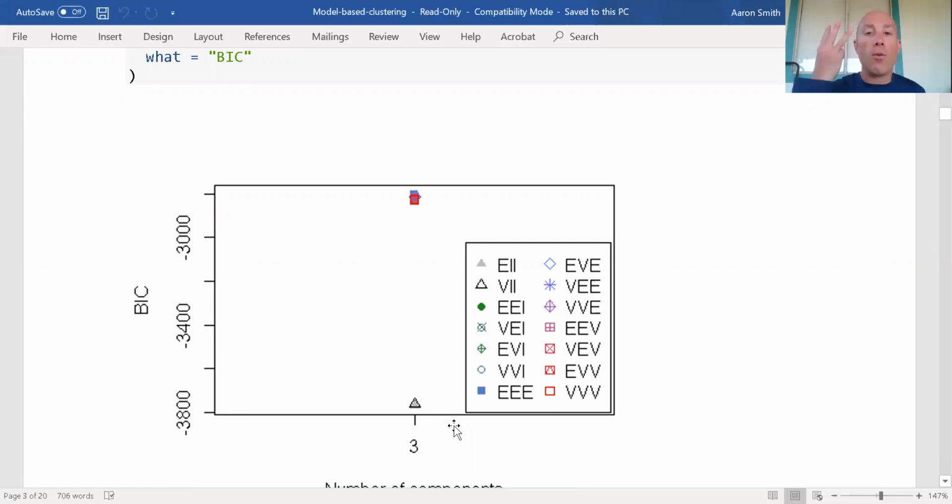Here, since we said there's 3, it's just giving me 3, so I can see the EEI, the VII, and I guess it would have to be EII. These are all plotted down here.